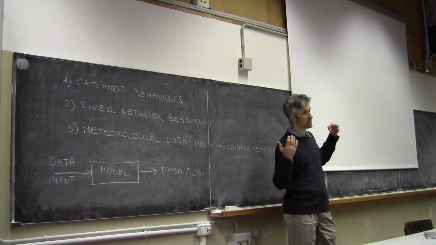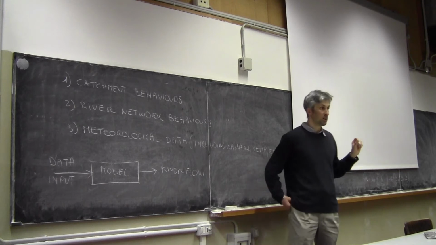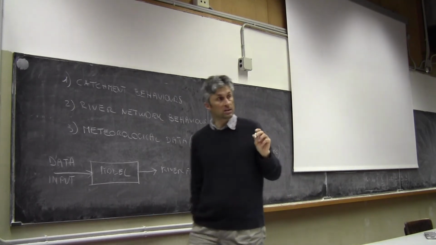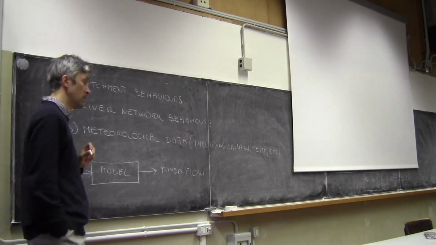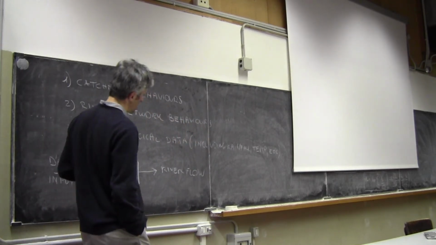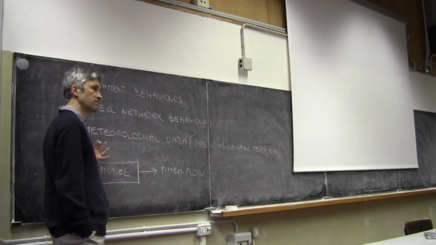So they needed an estimate of peak flows. So the first rainfall runoff models that were conceived by humans were targeted to the estimation of peak flows. And the first type of relationship that they set up was empirical.